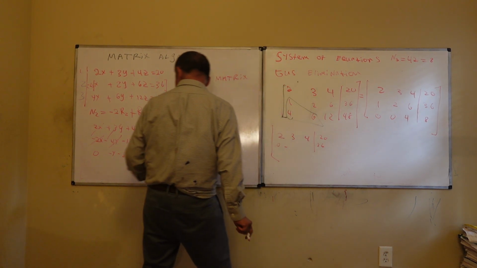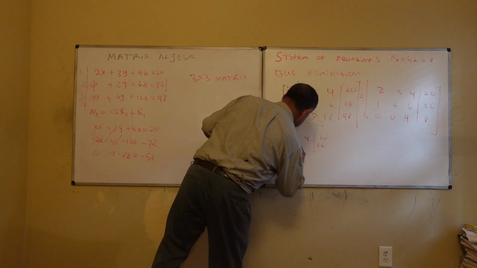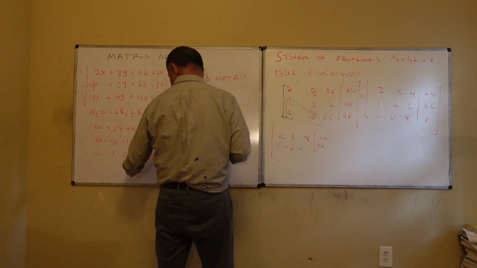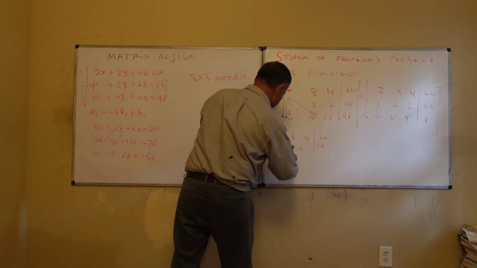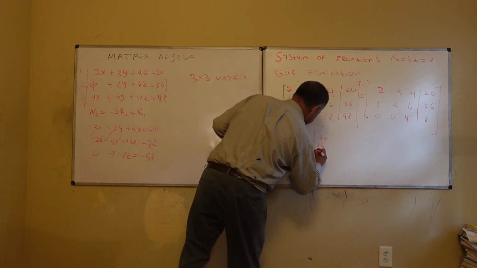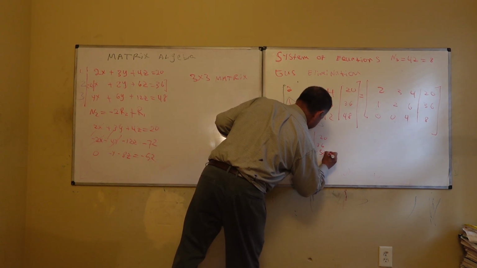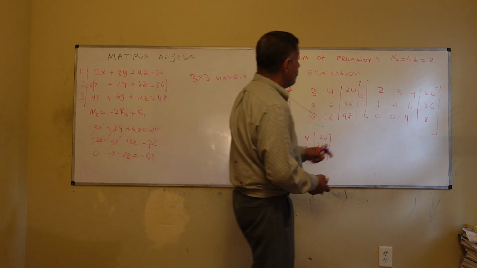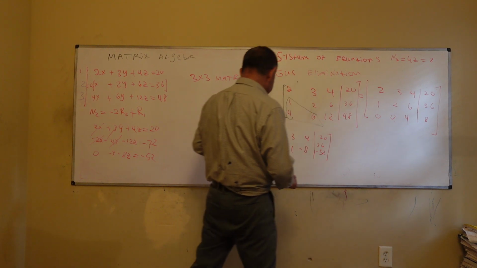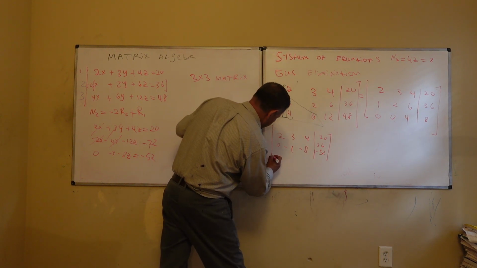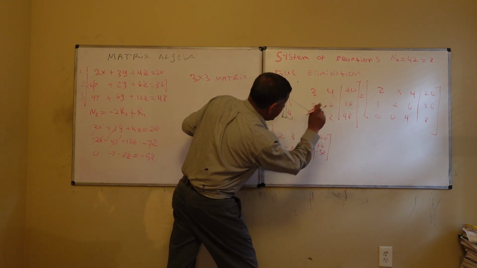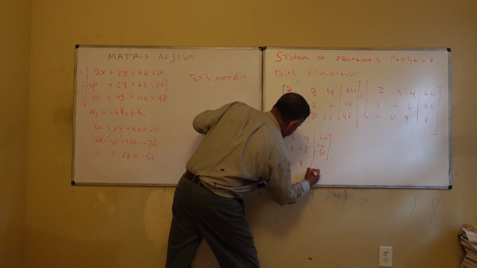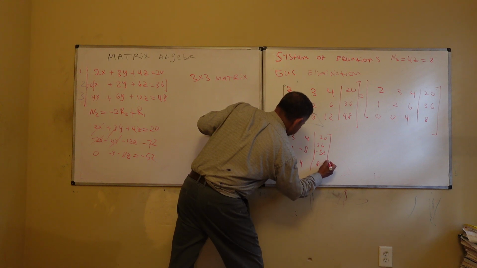I am not writing the variables, so basically I'm just writing the matrix. Minus 1, I'm sorry. Minus 1, 8, and minus 52. The first one that we got was a 0, right? So 0, 0, and then 4 and 8, right?